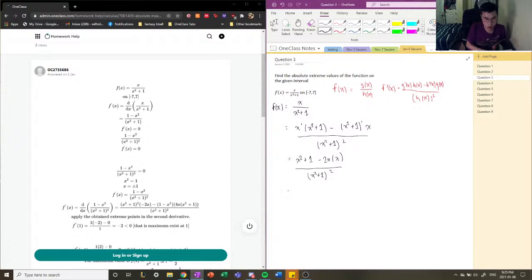If we simplify this, we get 1 minus x squared, divided by x squared plus 1 squared.